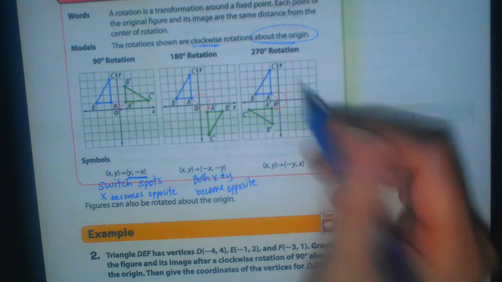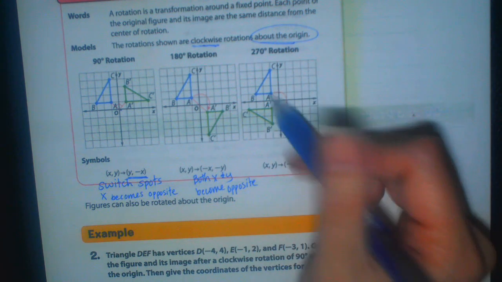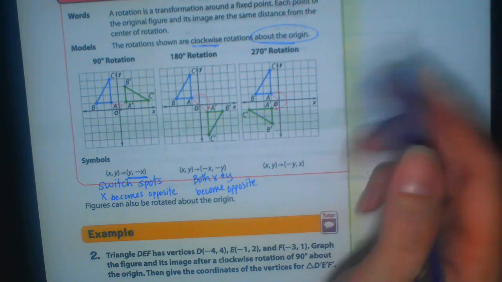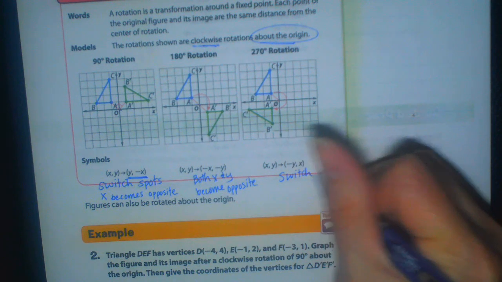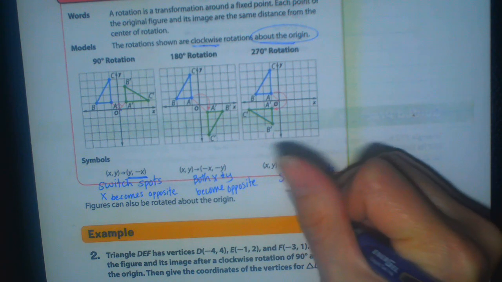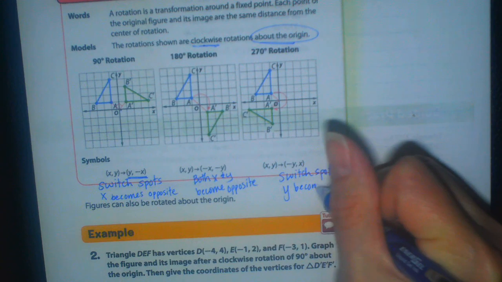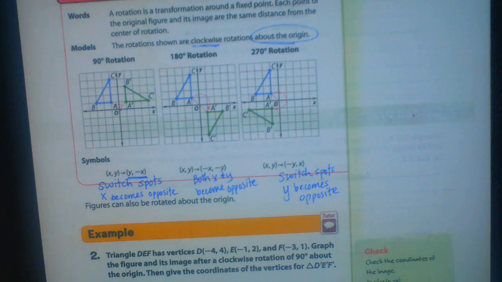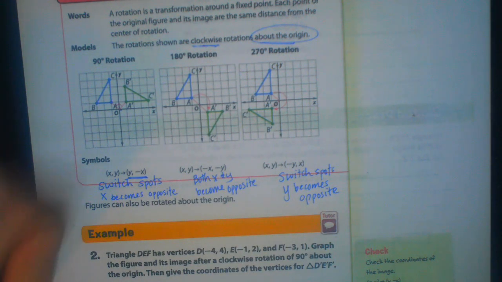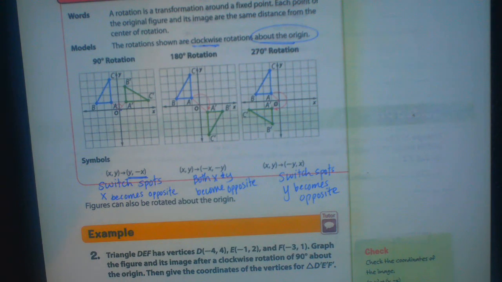All right, and then if we go 270 degrees, so we're almost to a full circle, they switch spots again, but this time Y becomes opposite. Okay, so you do need to think about this. And then if you're going counterclockwise, you'd have these same type of rules, just opposite of what you think, okay?